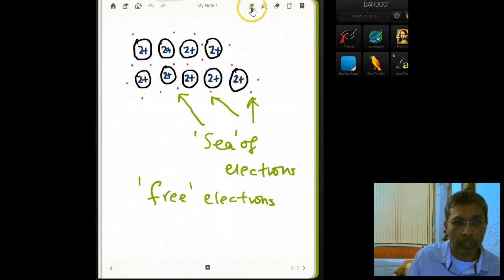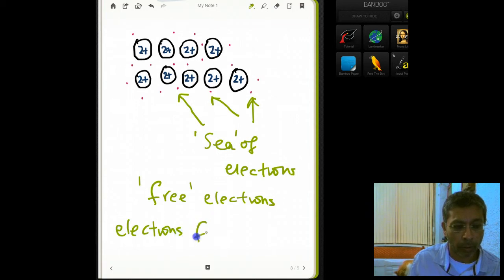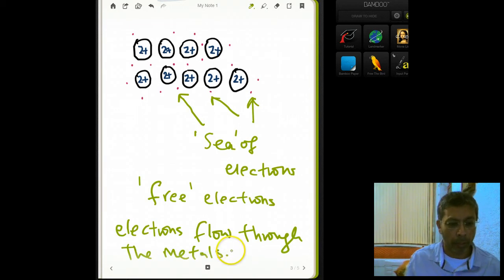So what do we need to know? We need to know that electrons flow through the metal. That's basically how metals conduct electricity, the flow of electrons.